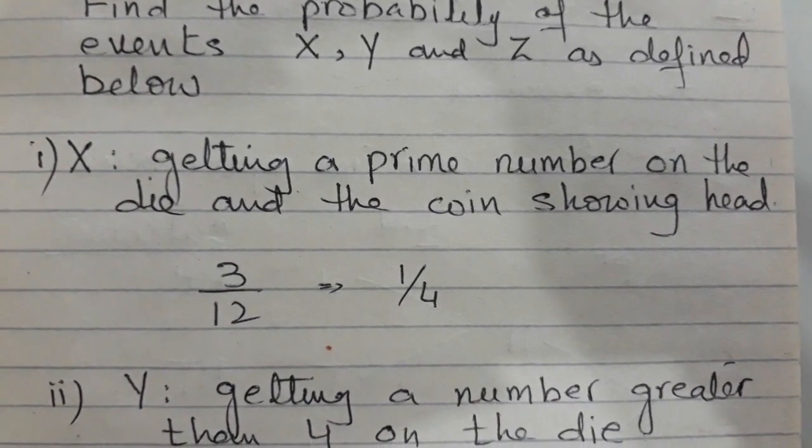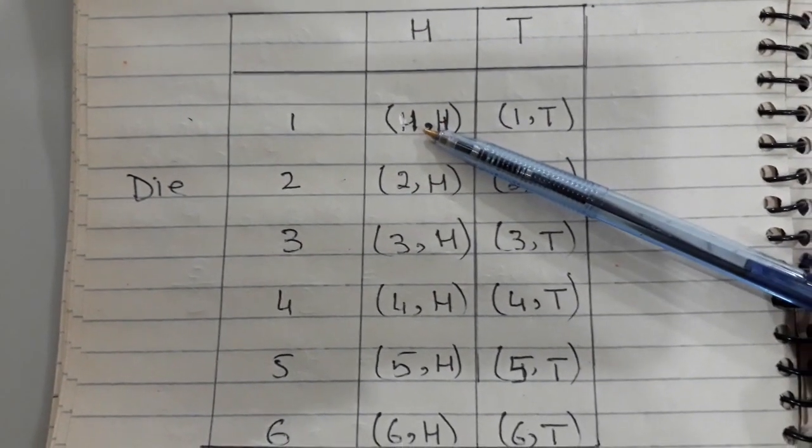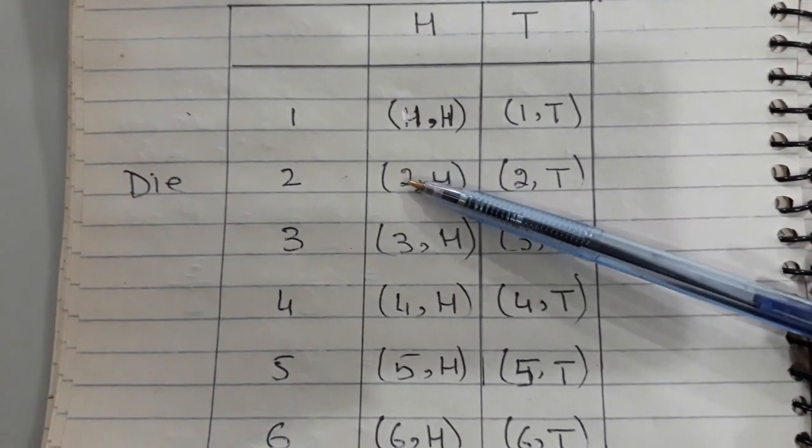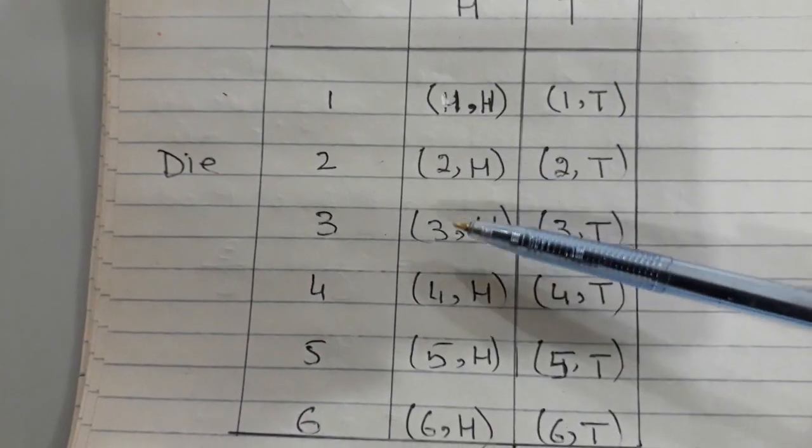Let's go back to the table. If you look at the table here, the prime numbers are, usually students say 1, where they are wrong. The smallest prime number is 2. So 2 is the only even number which is a prime number. So the prime numbers are 2, 3 and 5.